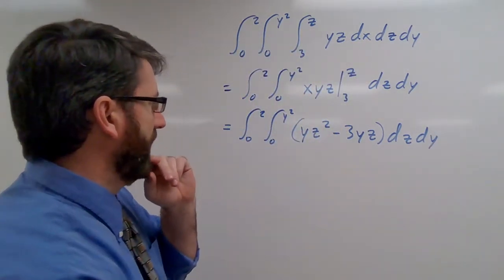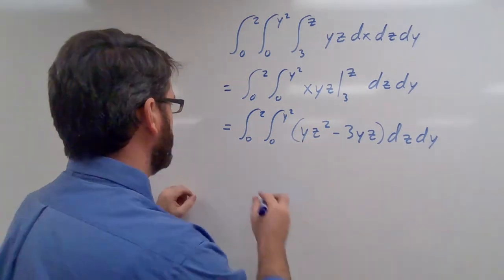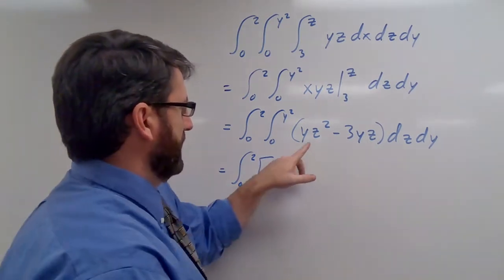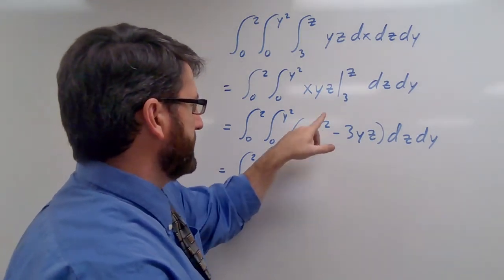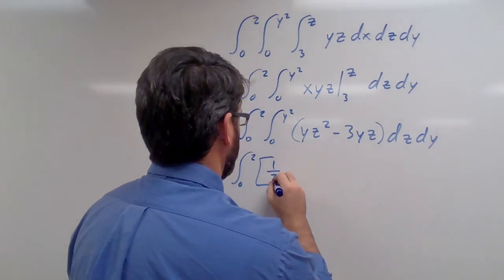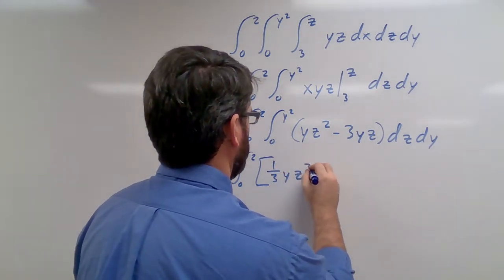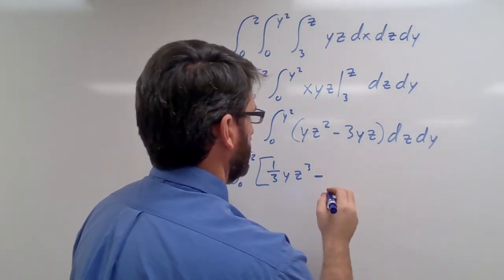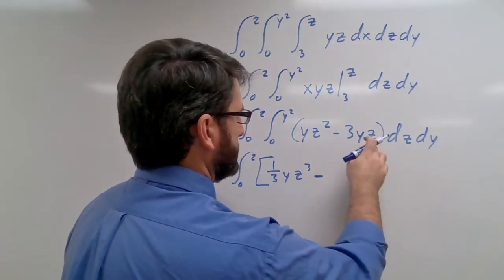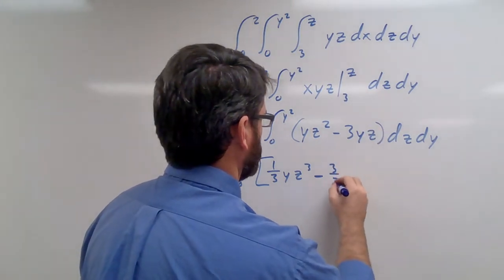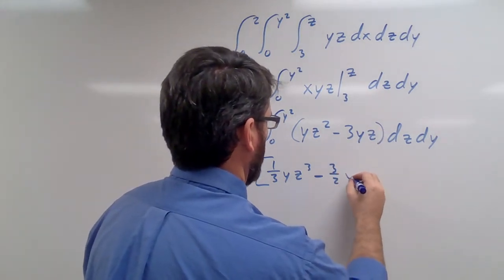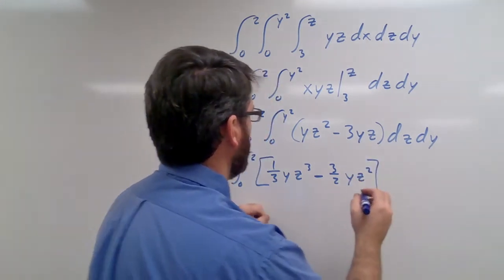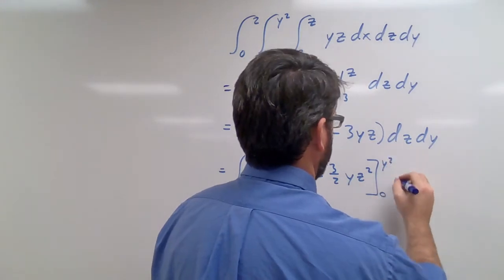So this becomes the integral from 0 to 2 of z cubed over 3, so 1/3 yz cubed, minus, let's see, z squared, so 3/2 yz squared. And we're going to evaluate that from 0 to y squared.